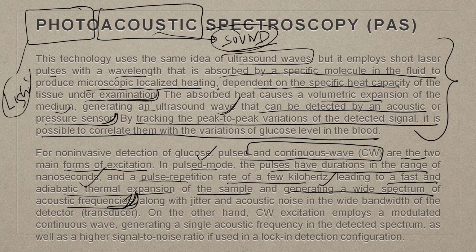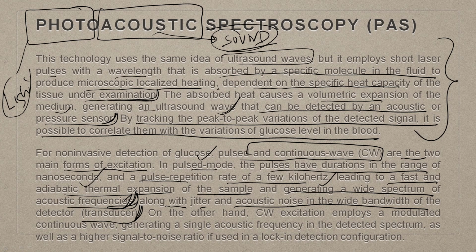Depending on the type of particles within that liquid, the pressure wave's nature changes. It also generates a wide spectrum of acoustic frequencies along with jitter and acoustic noise in the wide bandwidth of the detector or transducers.